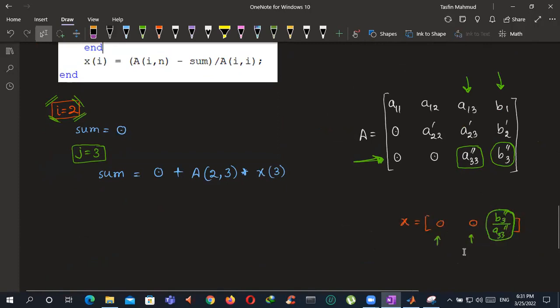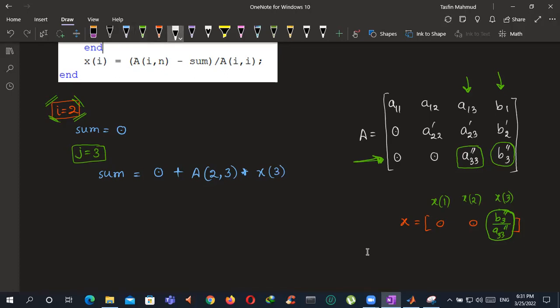This is X1, this is X2, and this is X3. Now, to calculate the sum variable, we are multiplying A23 with X3.